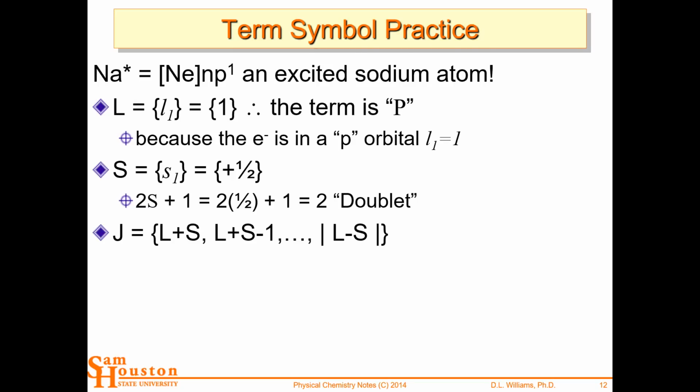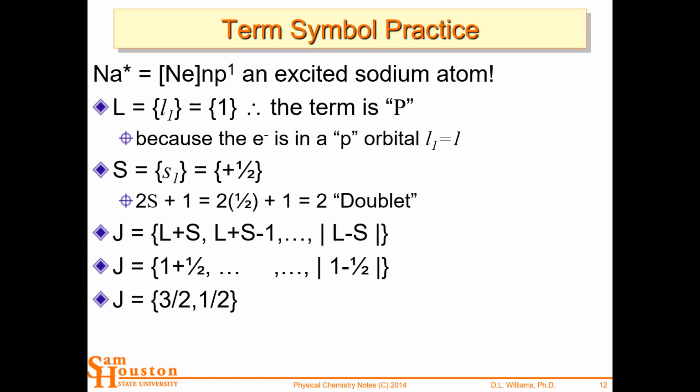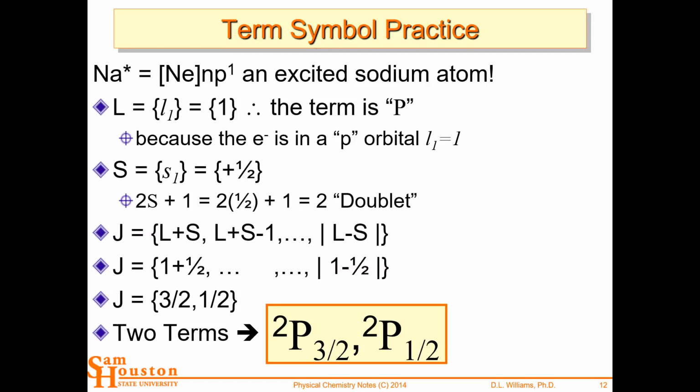And now we actually have some items in our mathematical set here. We have 1 plus 1/2 down to 1 minus 1/2. And so this is 3/2 and 1/2. So those are our two terms, our J values for our terms. And so we end up with two terms in the excited state. We have a doublet P 1/2 and a doublet P 3/2.